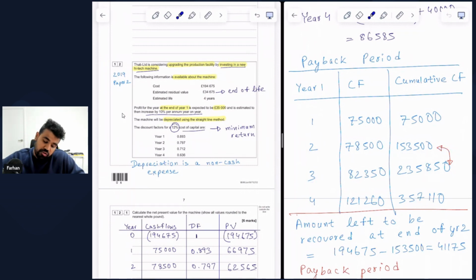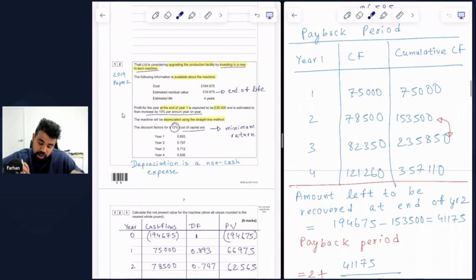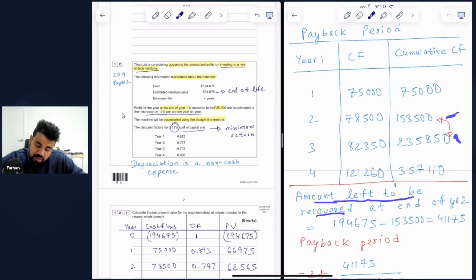Okay, so what I'm going to do here now, make sure you learn this very carefully. So you see, we have 2 points that we have identified, year two and year three. So what I'm going to do is I want to calculate how much amount is still left to be recovered at end of year two. We know the total amount to be recovered is 194,675.